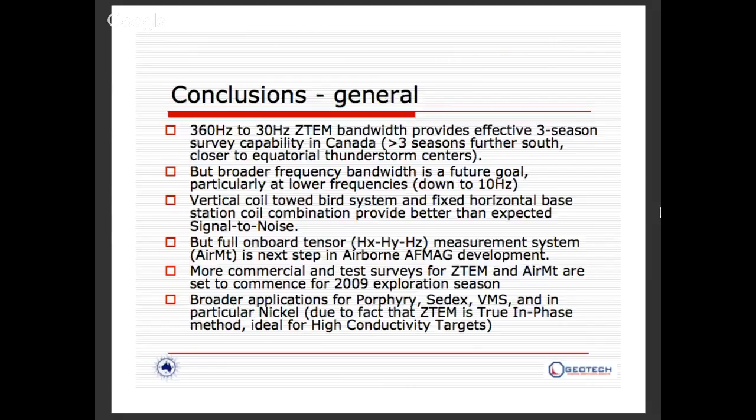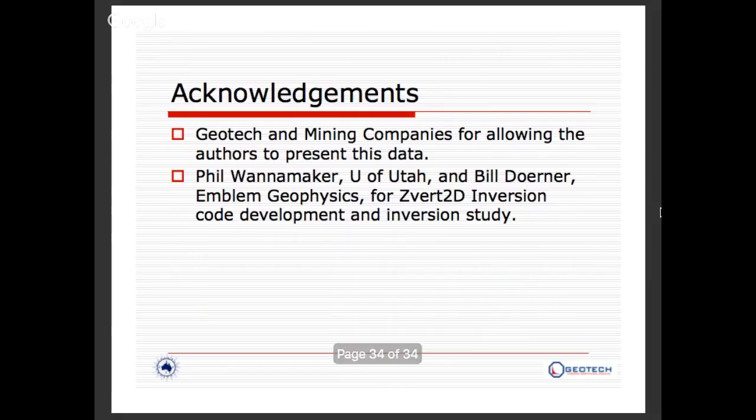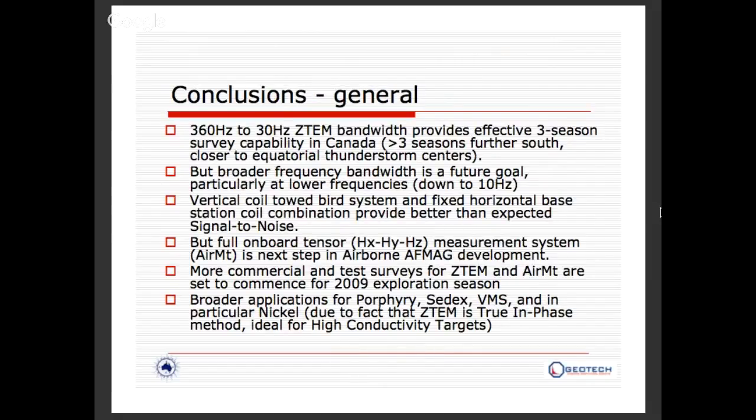For the signal-to-noise ratio, it's very good with the fixed horizontal base and the flying loop. By now, we have different bases. I think I have another picture. Let me check. No. Well, after that station that I showed you, the 2.5 meters, we went to 3 coils for 3 components for the base station.